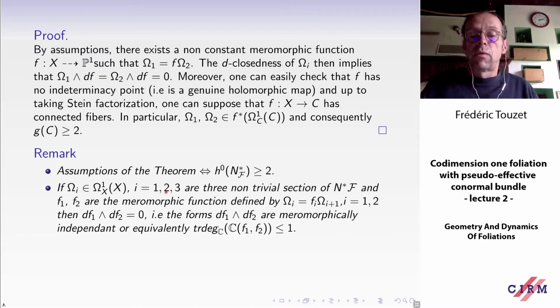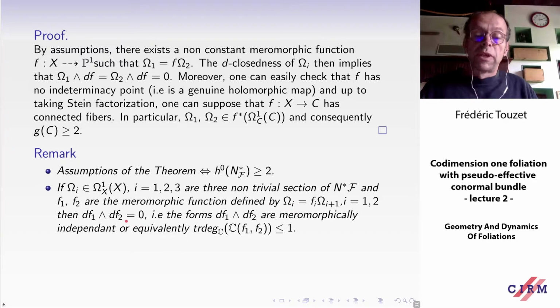is that if one considers two holomorphic one-forms defining the same foliation, in particular we have these dependence relations between omega i and omega i plus 1, where the fi are meromorphic functions.